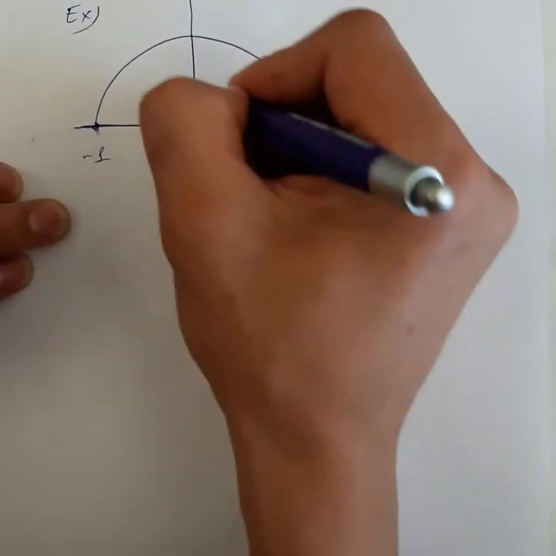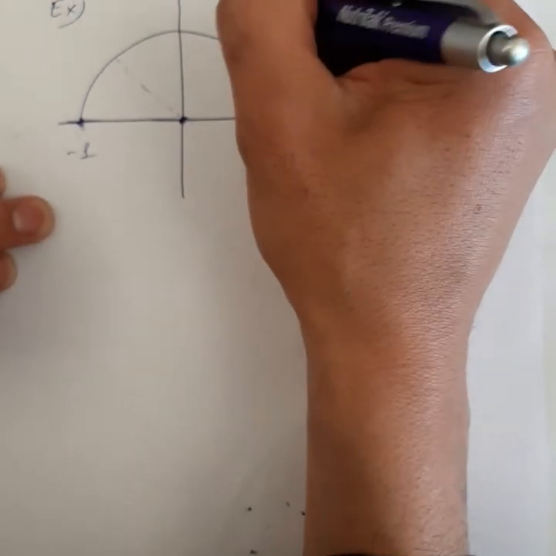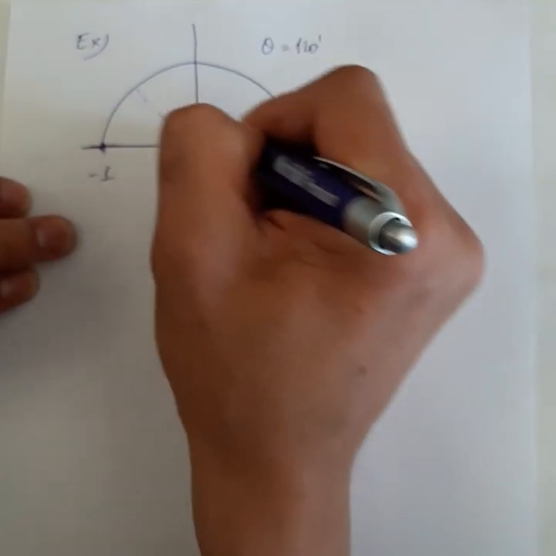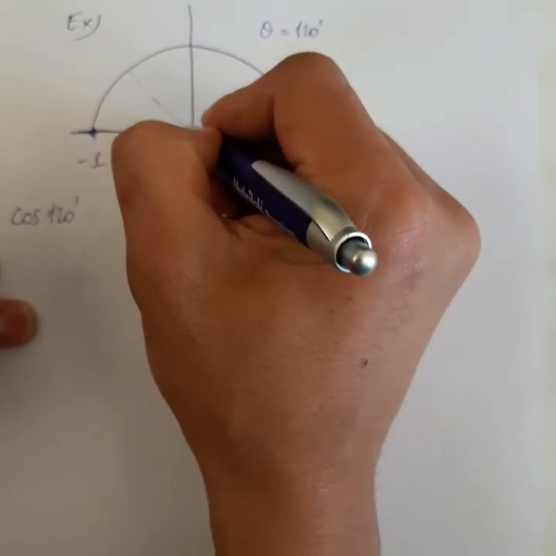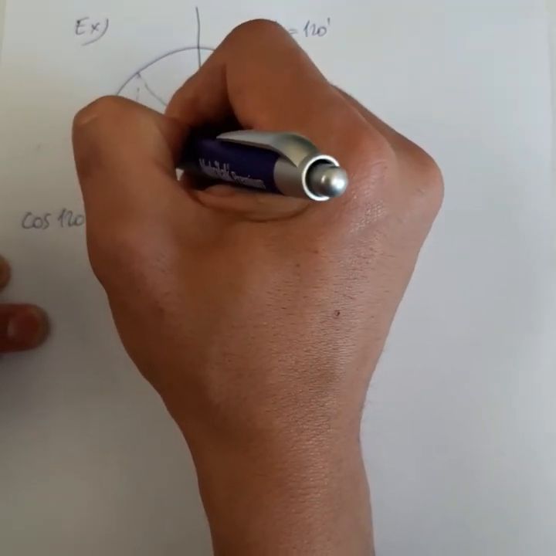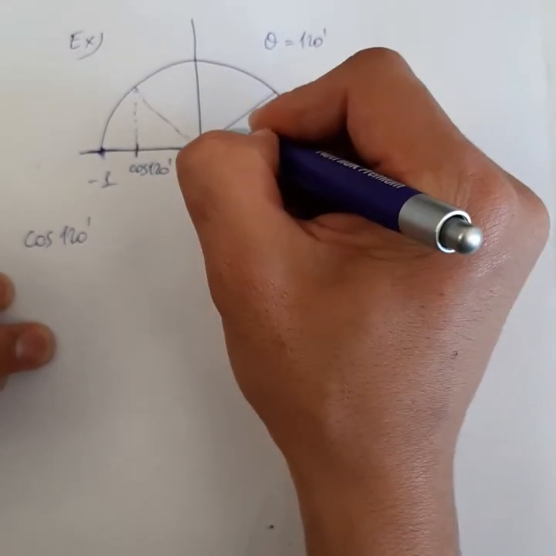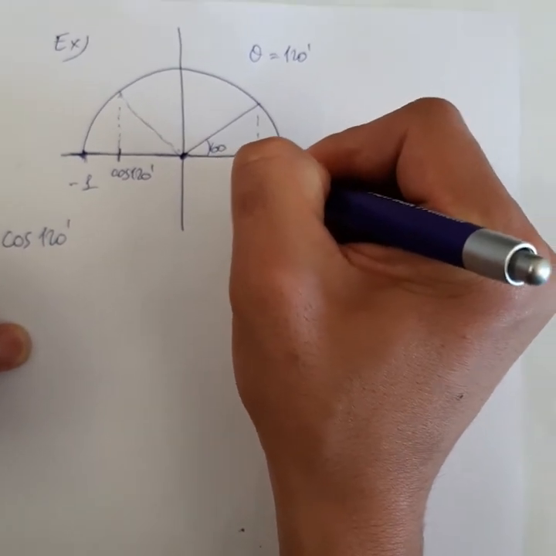Let theta be 120 degrees, so cosine 120 degrees will be here. What about the cosine 60? Cosine 60 will be here.